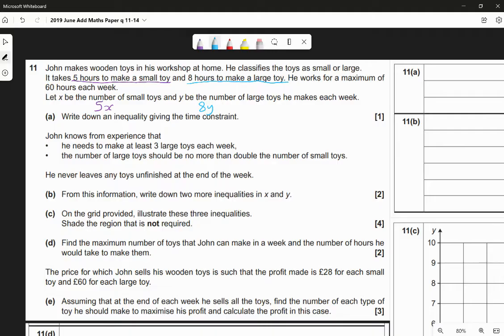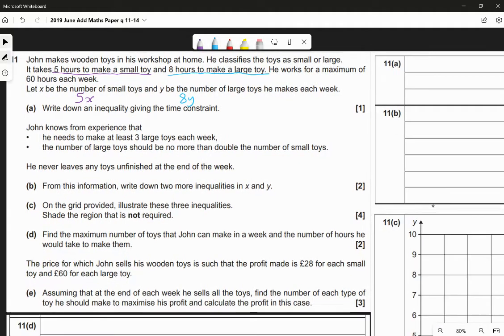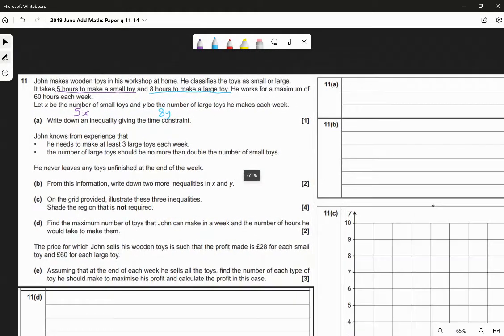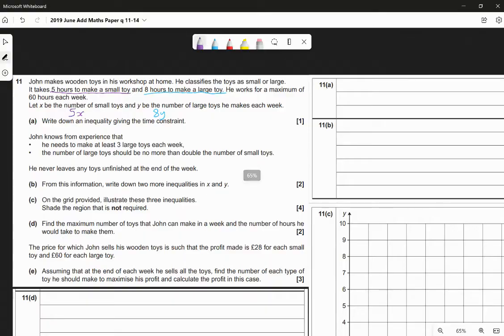So the total time that John will take is 5x + 8y. So the inequality for the time constraint is that 5x + 8y cannot be more than 60 hours. 60 hours is the maximum, so that has to be smaller than or equal to 60. That there is the inequality for the time constraint. 1 mark. Okay. Next part.